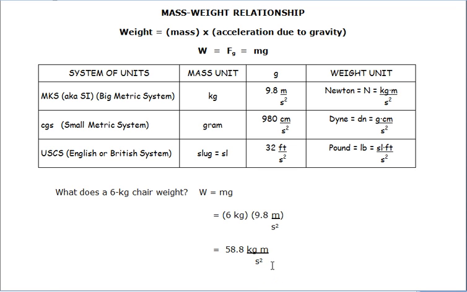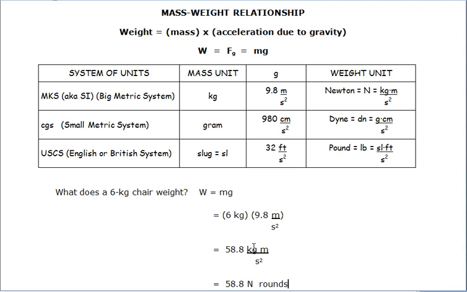This unit is equal to the definition of a Newton. We have a kilogram meter per second squared here. In the chart, we see kilogram meter per second squared is a Newton. So we can rewrite that 58.8 kilogram meters per second squared as 58.8 newtons.